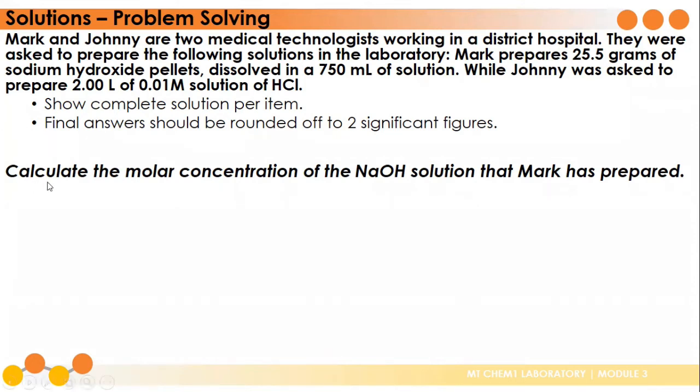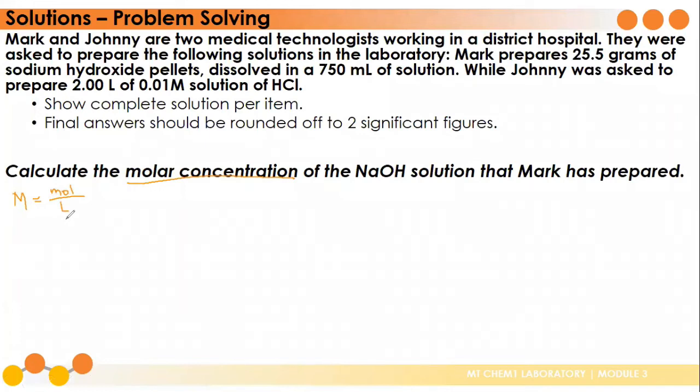So for our first question, we have here, calculate the molar concentration of the NaOH solution that Mark has prepared. So we are to look for the molar concentration of our given. In looking for molar concentration, we are to use M is equal to moles of the given divided by the liters.